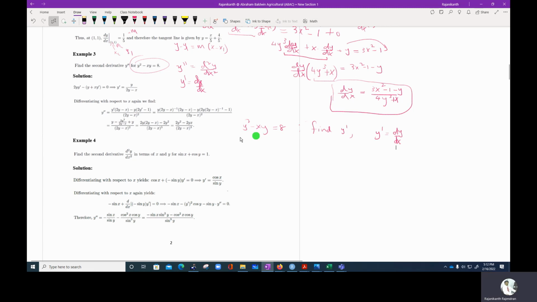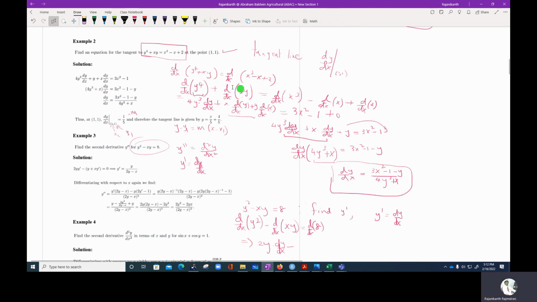So first, we need to take the derivative with respect to x of y squared, then the derivative of xy, then the derivative of the constant 8. Again, I'm using the chain rule. The derivative of y squared is 2y, but the inside function is y, so its derivative is dy over dx by the chain rule. Here again, use the product rule like we did earlier.